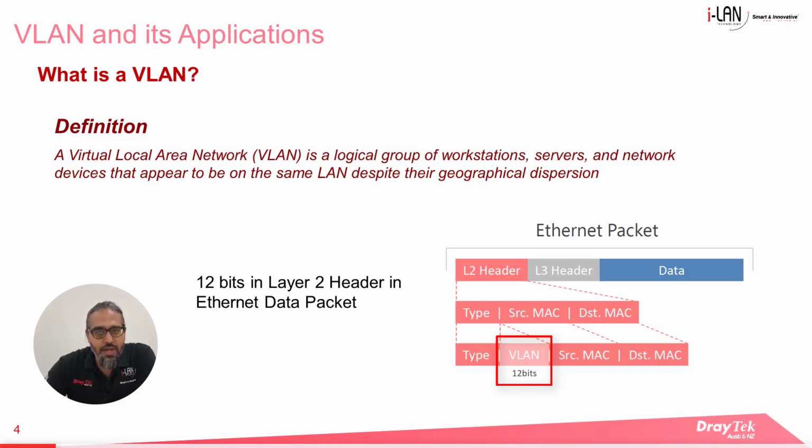It is 12 bits of data between the type and source MAC address sections of the Ethernet packet. So in other words, a VLAN is a group of devices physically on the same LAN as other devices, but separated from them using information in the Ethernet packet, and they don't necessarily have to be all together in one place.